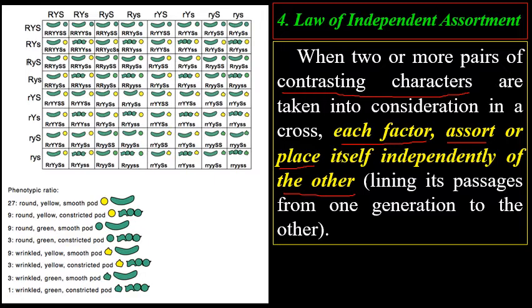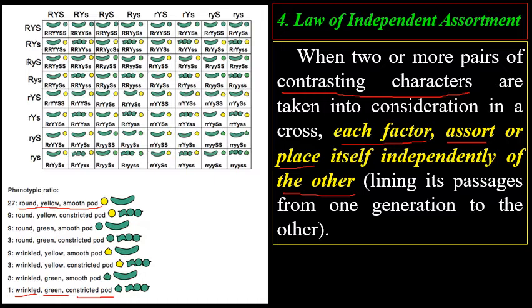Here in the picture of the tri-hybrid cross, we can see three pairs of contrasting characters, that is round, yellow, smooth pod, having the contrasting characters wrinkled, green, constricted pod, with gametes capital RYS and small rys.